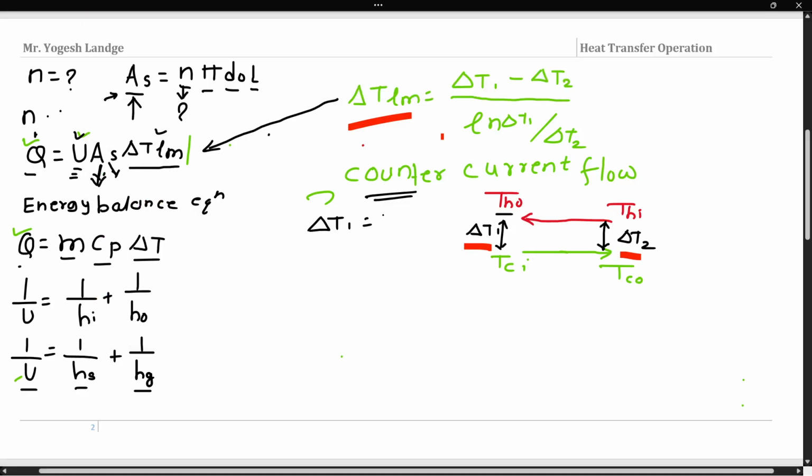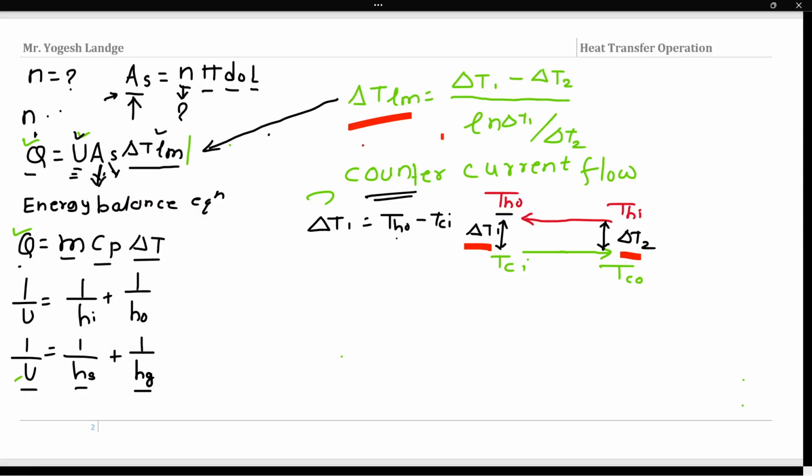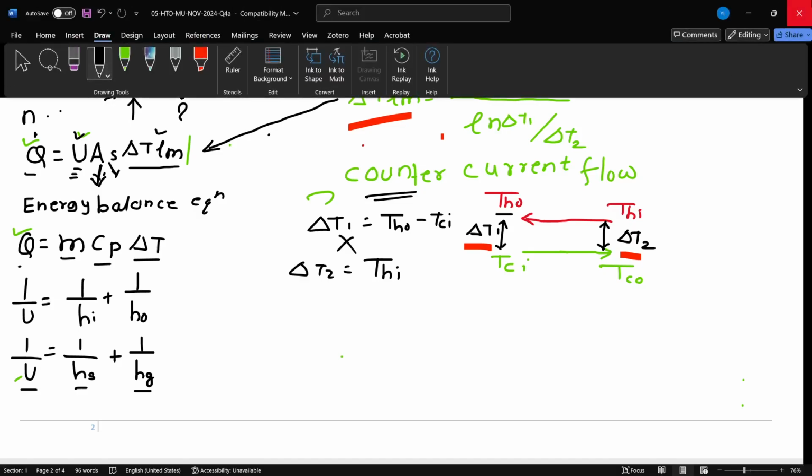Delta T1 is equal to THO minus TCI, and delta T2 is equal to THR minus, just one thing, we made a mistake here.